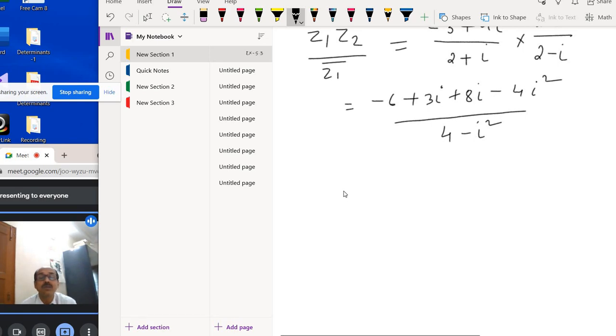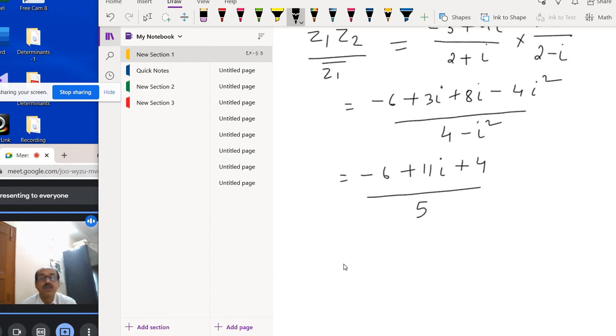So this is equal to minus 6 plus 11i, and minus i square is minus 1, so it is plus 4, divided by 4 plus 1, that is 5. Okay.